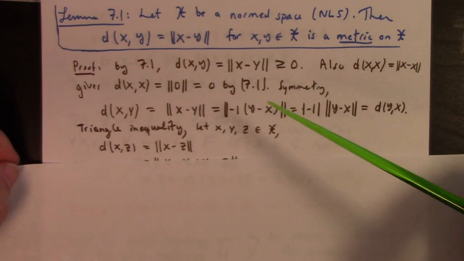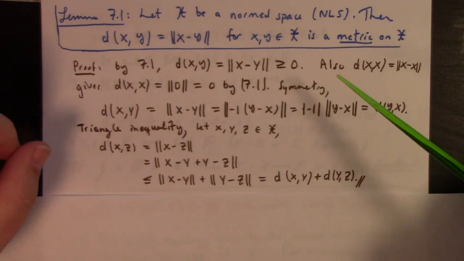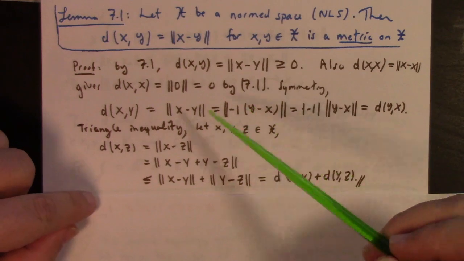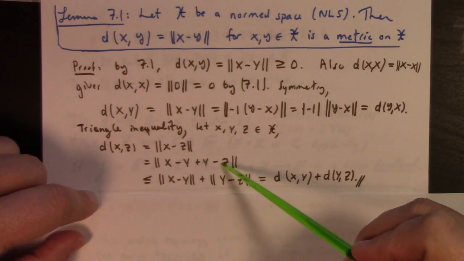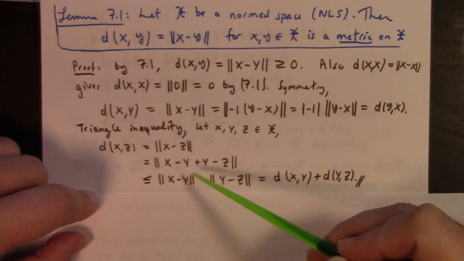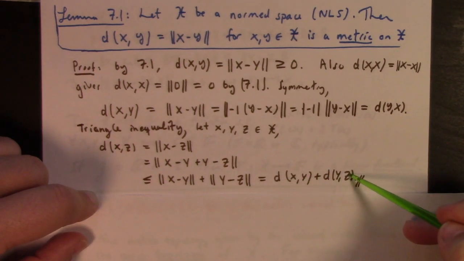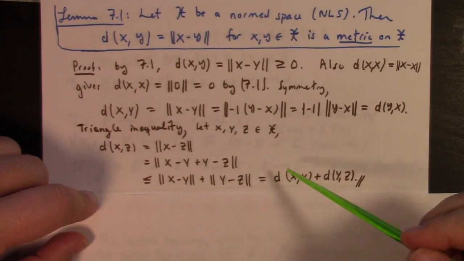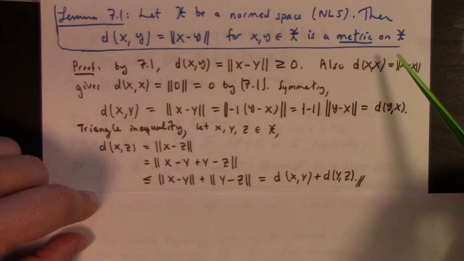And then finally, the triangle inequality is going to follow from the triangle inequality of the norm. If you look at the distance from x to z, that would be the norm of x minus z, which we could add and subtract y judiciously, and in so doing, apply the triangle inequality, and that, of course, is at most the distance from x to y plus the distance from y to z. So there you go. The induced metric d is non-negative.